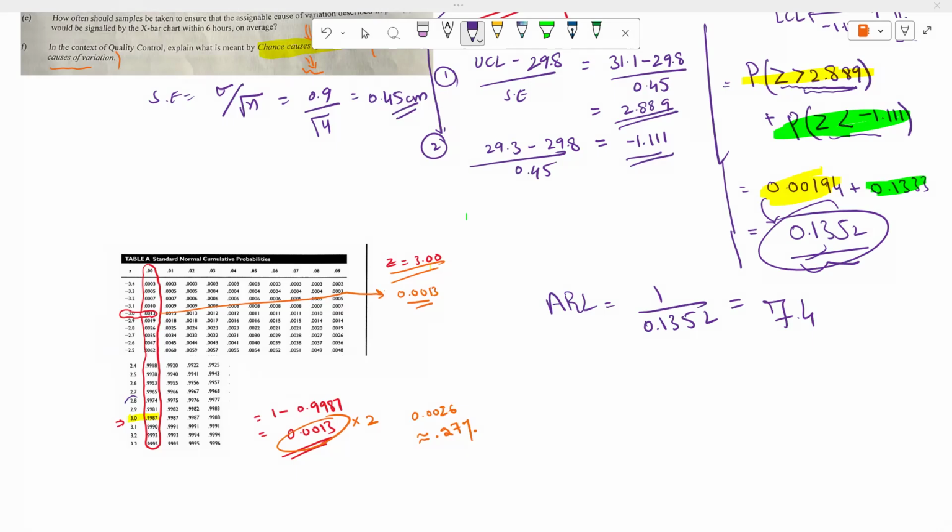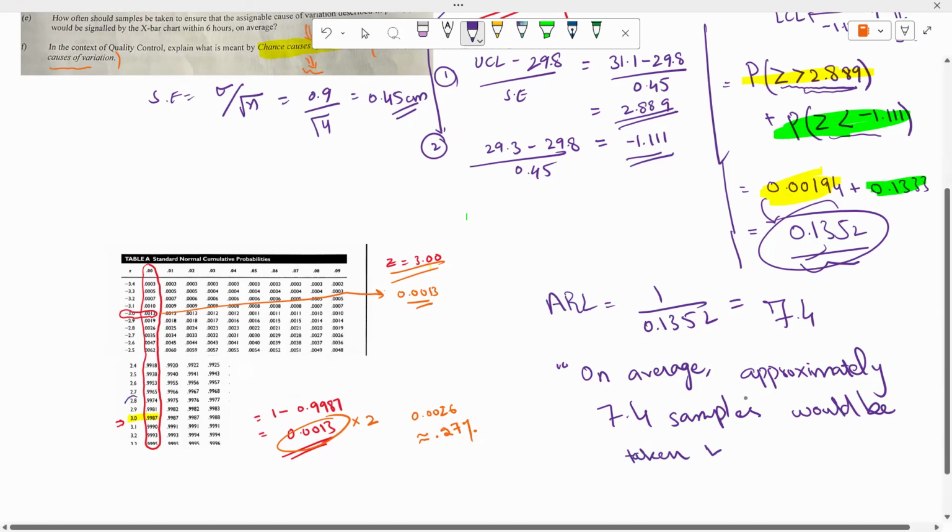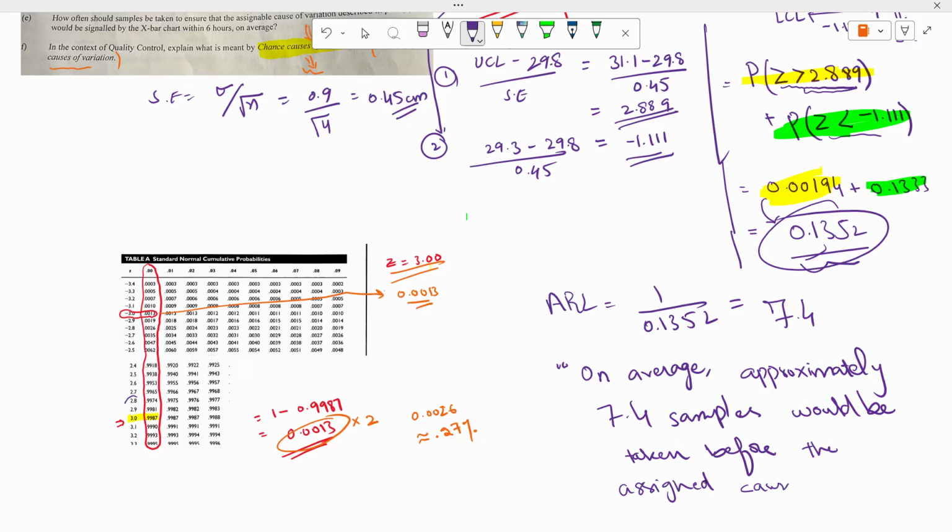right? So 7.4 samples would be taken before, on average, if I have to interpret this, I'm writing the interpretation: on average, approximately 7.4 samples would be taken before the assigned cause is detected.